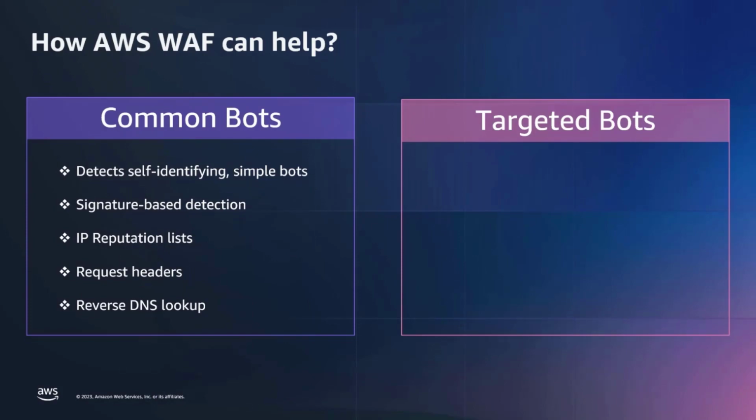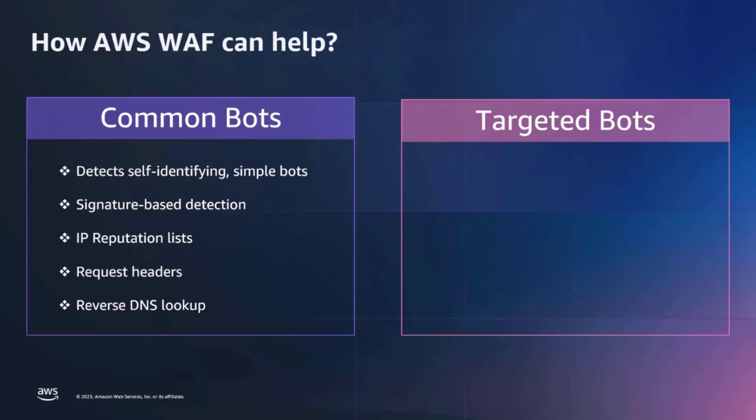They also give you the ability to monitor and control common categories of bot traffic. Common bots use signature based detection or take a look at the IP addresses and the request headers that are being sent, and also perform things like reverse DNS lookup to understand if the requester is who they claim to be.